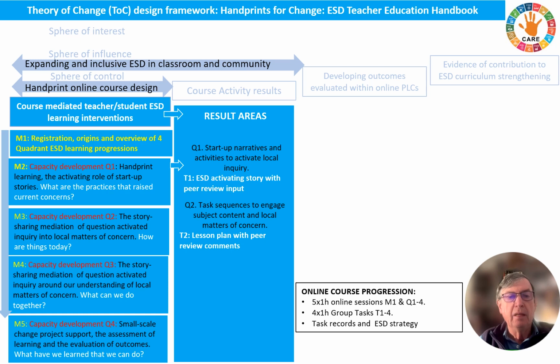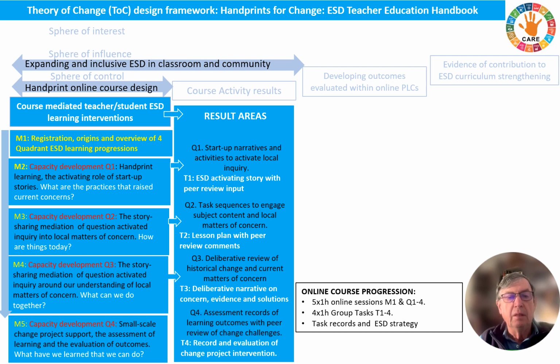Quadrant 2 would be task sequences, and task 2 would be a lesson plan, which could also be peer reviewed. Quadrant 3, deliberative narrative on concerns, evidence, and solutions. Then quadrant 4 would be assessment record of evaluation of the change project, and a record of the assessment of learning.